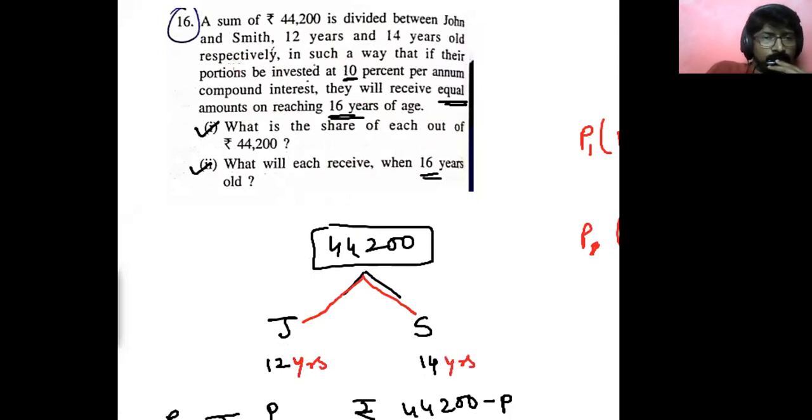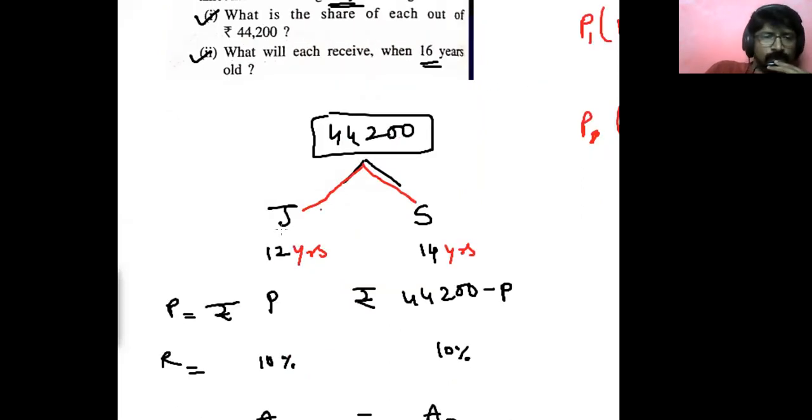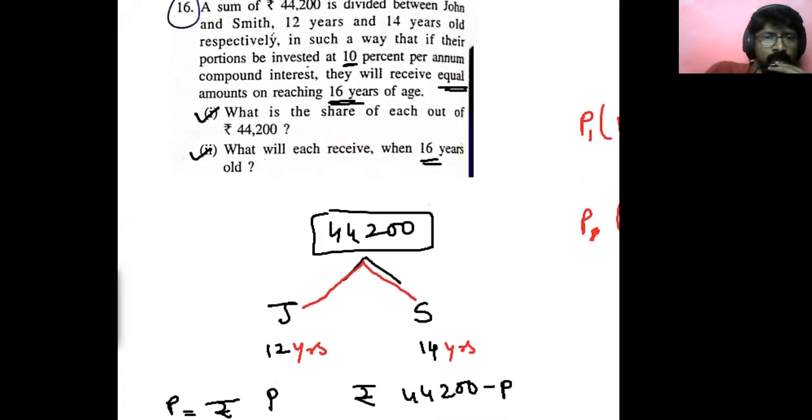Now let's understand it in such a way that if their portion be invested at 10% per annum, matlab their money, so out of 44,200, John is going to get say rupees P and Smith is going to get 44,200 minus P, and that has been invested at 10%, both at the same rate.